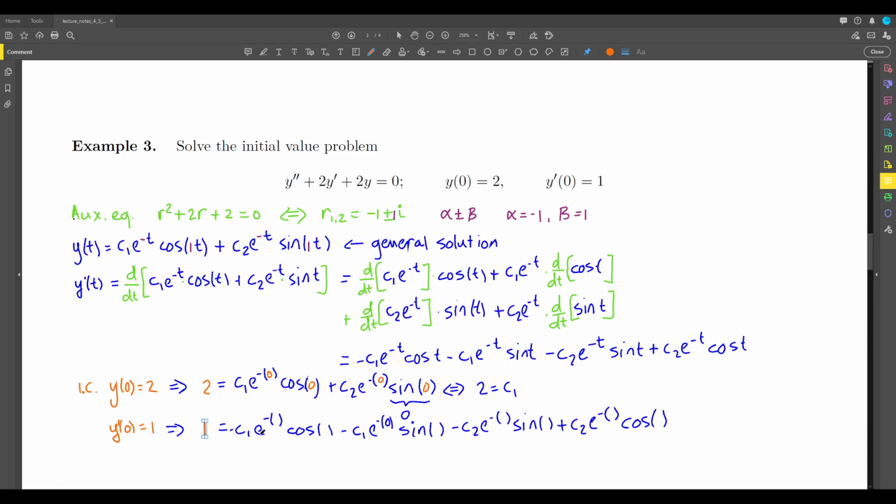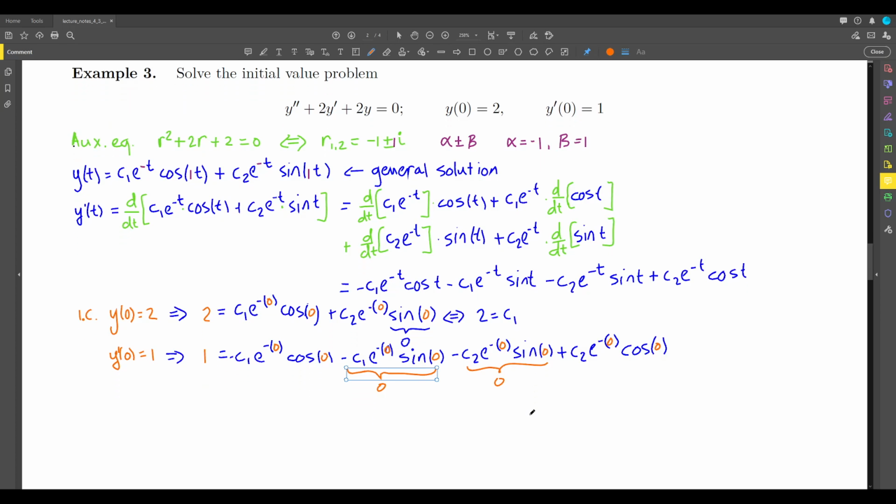Fortunately, a bunch of this will disappear, right? The two terms that have a sine, that goes to 0.